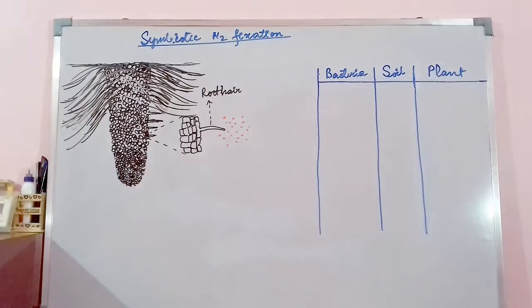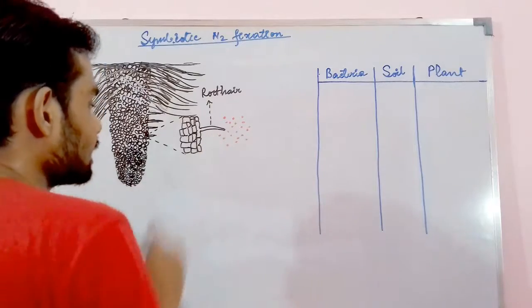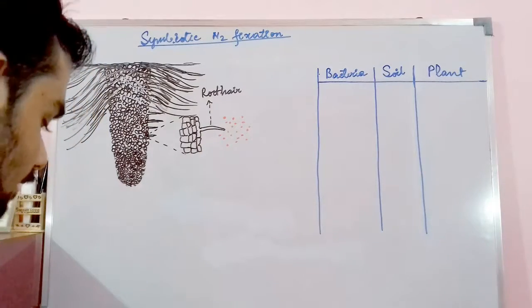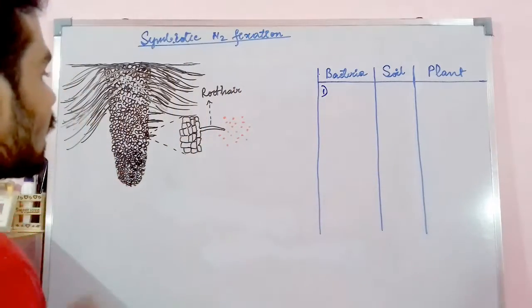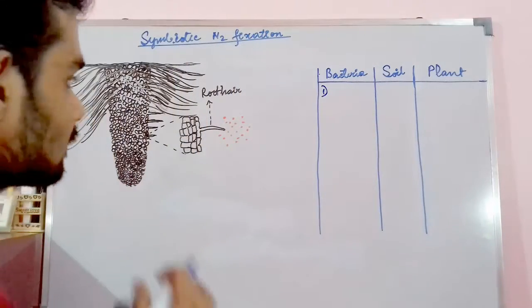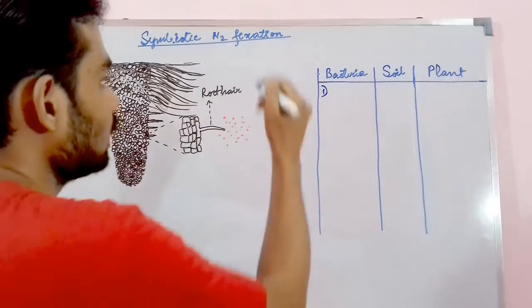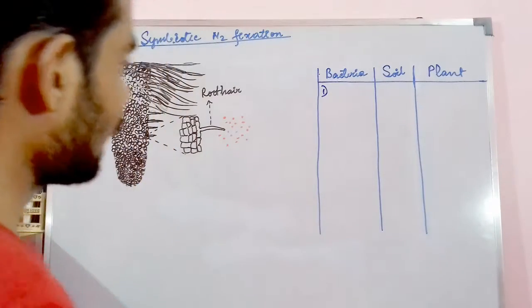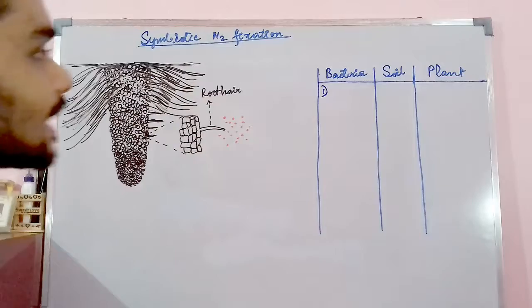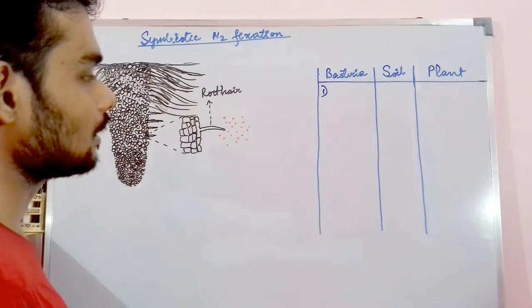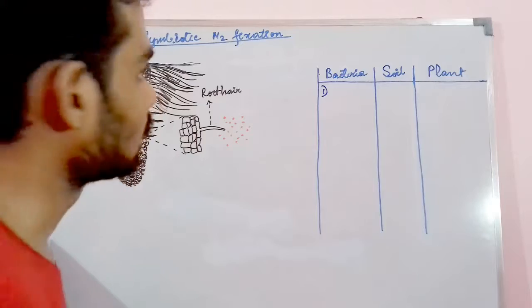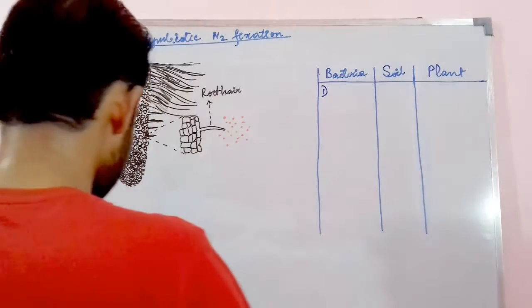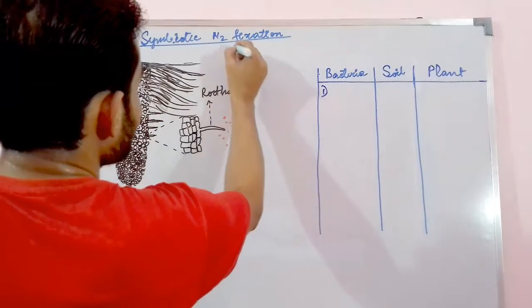So what happens in this case? The rhizobium bacteria, in the first step, how does the symbiotic nitrogen fixation occur? It is a big process, a huge process actually. In the first step, the bacteria secretes the NOD D protein. The NOD gene somewhat looks like this.